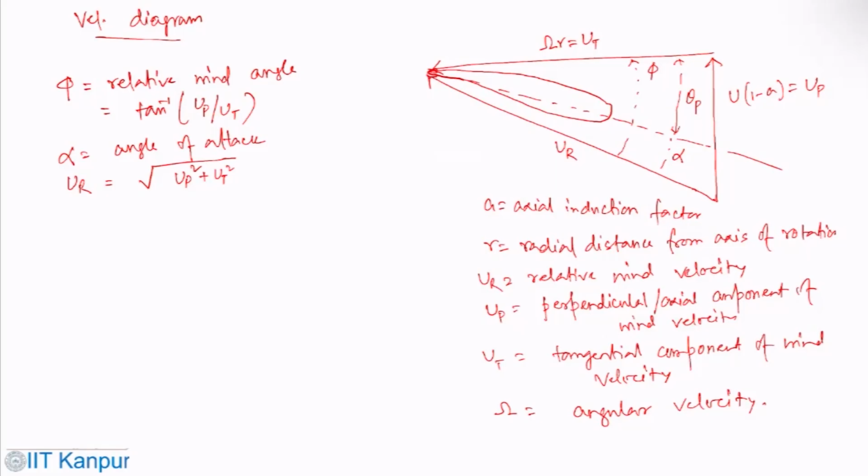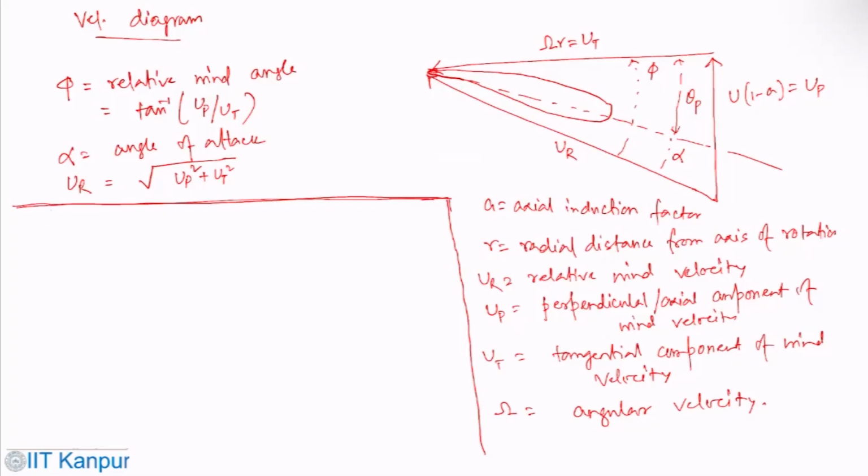Okay. So these are all the associated information that one would need now to derive the thing. These are all nomenclature or information that is required.